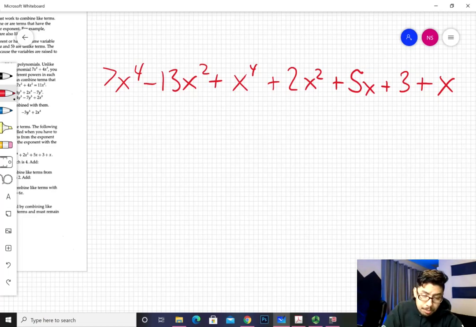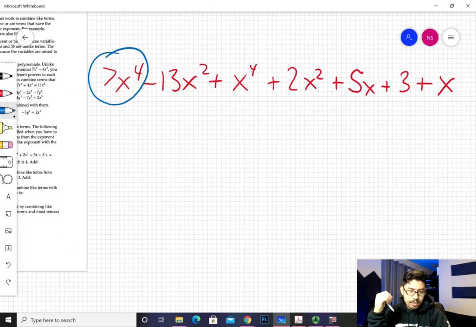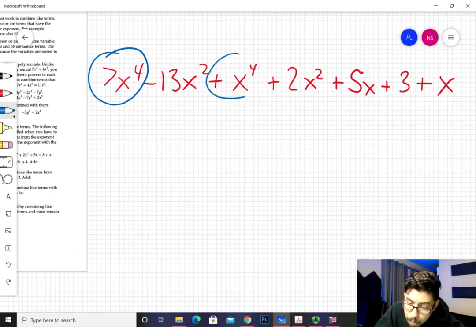Always start with the first expression, put a shape around it. 7x to the power 4. Go along the expression and find its buddy, its like term. Where's it at? Could you spot it? Boom. Like I said, always include the symbol to the left, because that tells you what your calculation is going to be on your calculator.